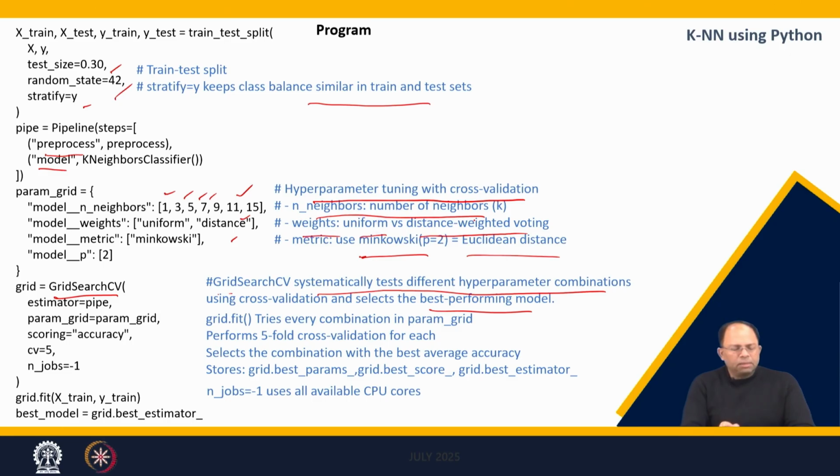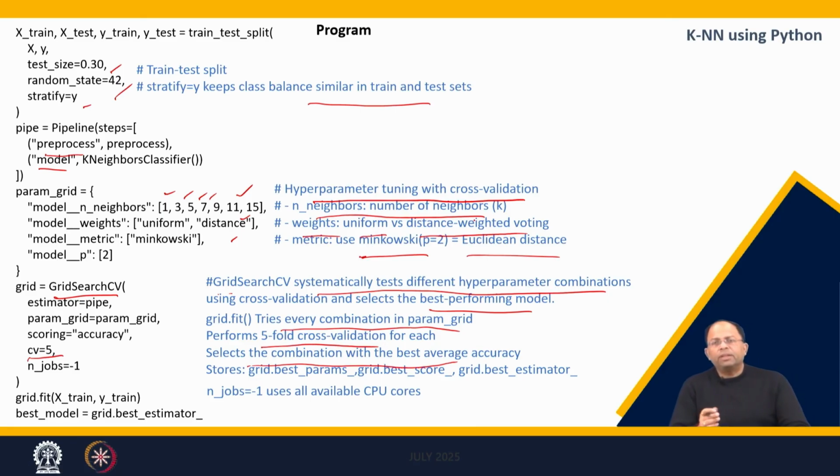Now what this grid.fit does is that we are trying to fit every combination that is there in this param grid, and because we are using CV equal to 5, we are doing 5-fold cross validation.